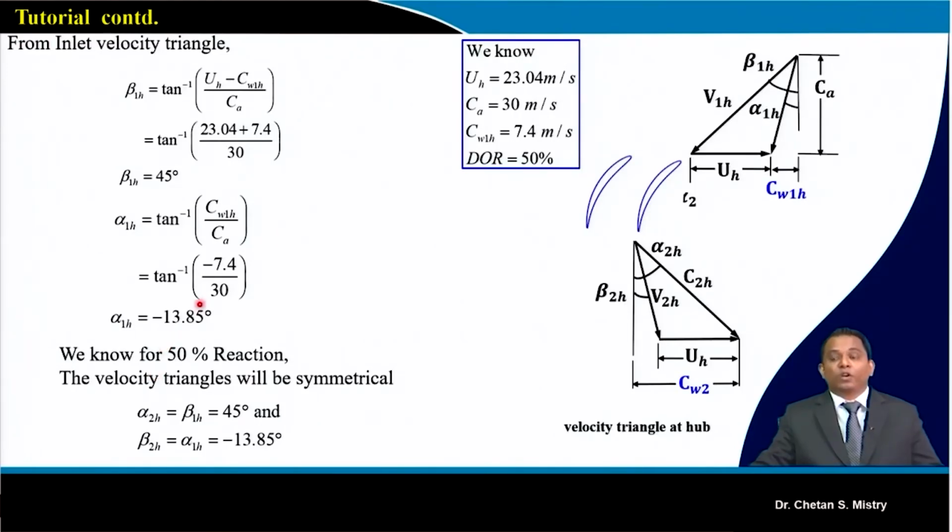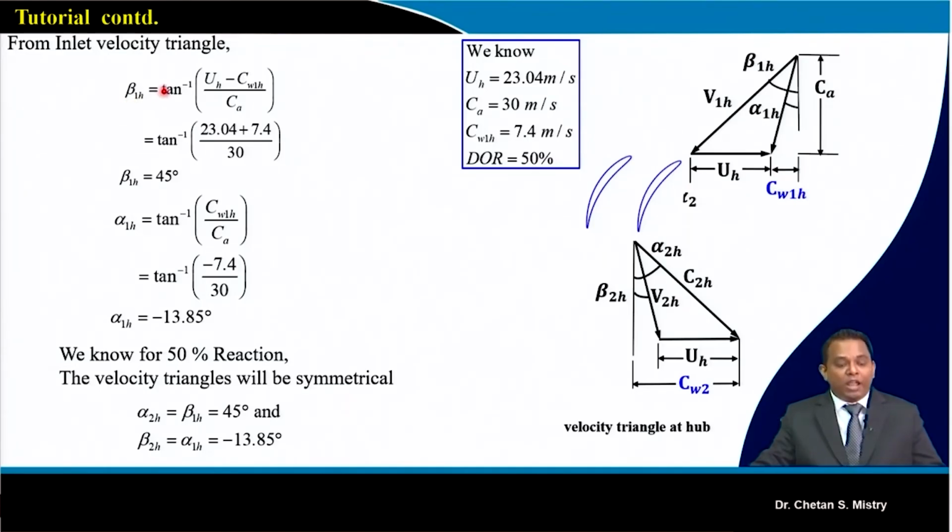Now, once this is what is known to you, we can put our velocity triangle. Be careful, we have done our calculation for CW1, and if you look at this CW1, that's what is coming to be negative. Now you are expert enough to make your velocity triangle. So you can say I am having negative swirl, that's what is coming at the entry. So that's what it says.